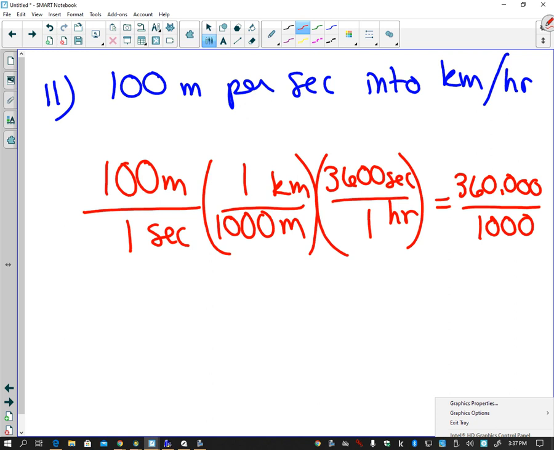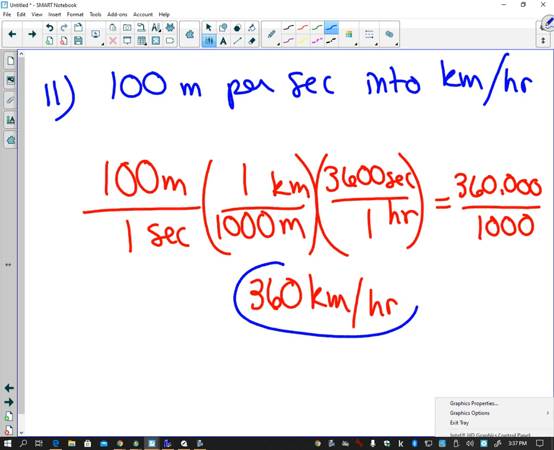Okay, so we can divide 360,000 by 1,000, and we get 360 kilometers per hour. Okay, 100 meters per second is 360 kilometers per hour.